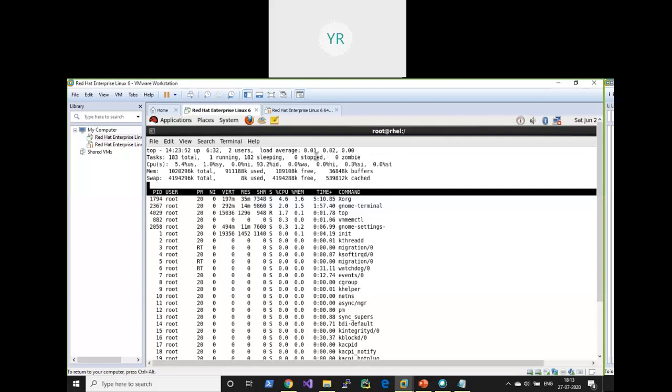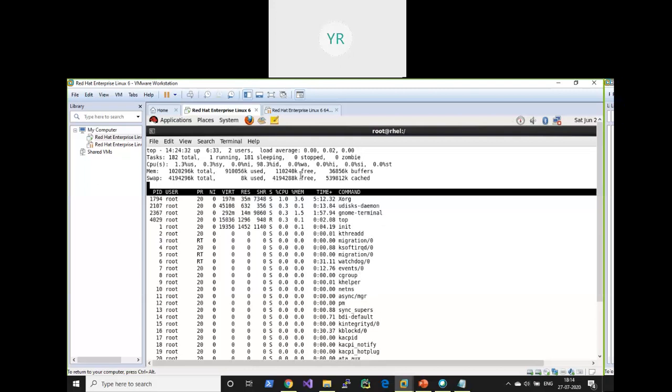The first is the load average within 1 minute, then the last 5 minutes, then the last 15 minutes. If you observe, from 15 minutes to 5 minutes it was 0.02, so the load somewhat increased. Then the latest one, the last 1 minute load average, means it somewhat reduced. So you can observe the load handled by the CPU and monitor the processes.